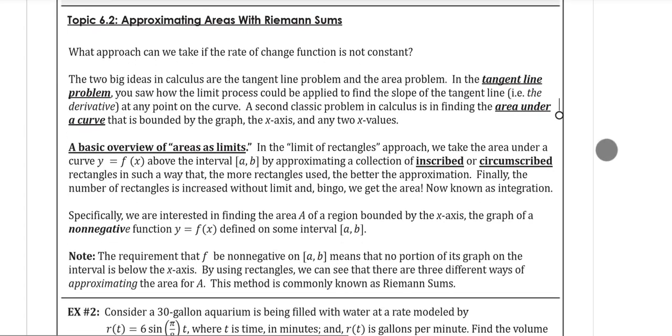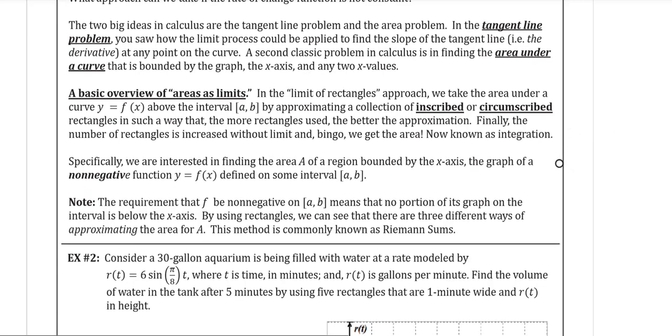So the idea is to break the area down into rectangles, small rectangles that are of equal width, and their height of which is marked by the function itself. So the rectangles end up either being inscribed, which would be below, or circumscribed, which would mean above the graph of the function.